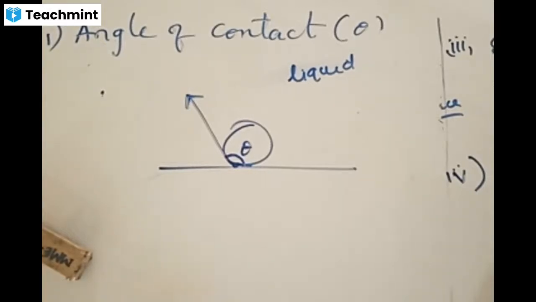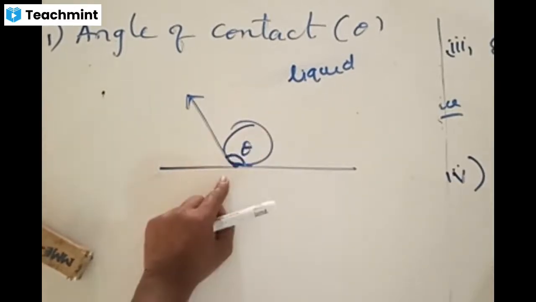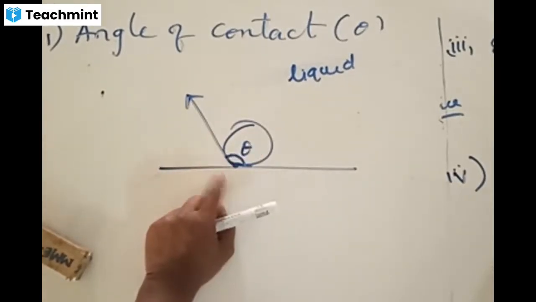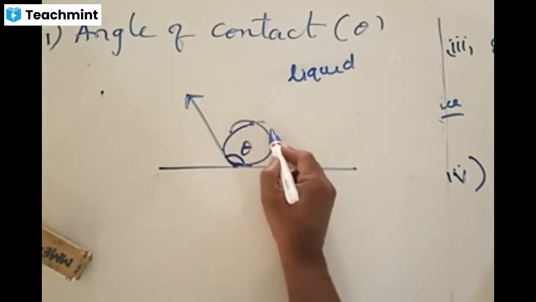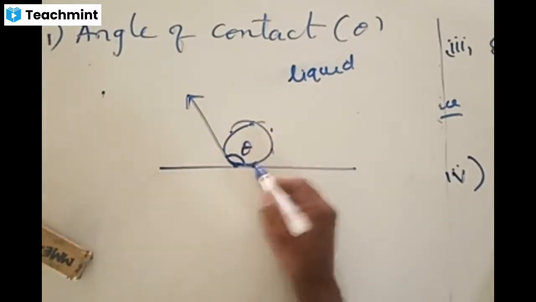It may appear to be a bit difficult to understand, but the concept is simple. Angle of contact is the angle made by the tangent drawn at the point of contact of the liquid-solid interface. Where should we draw this tangent now? Not here, not here. There is one more point of contact here.